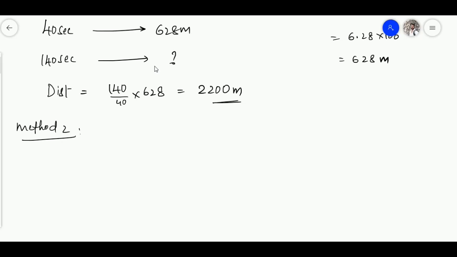Method 2, just by using your common sense. No need for any formulas. So to complete one whole rotation, if it is taking 40 seconds, how many seconds did he run? 140 seconds, right? So how many 40 seconds does it have?